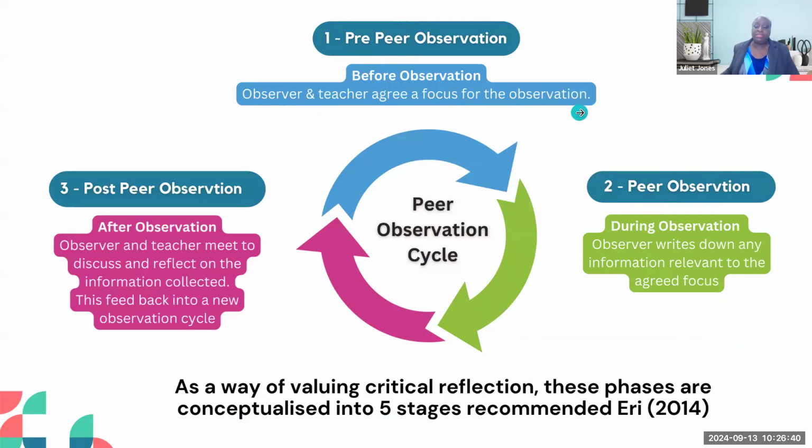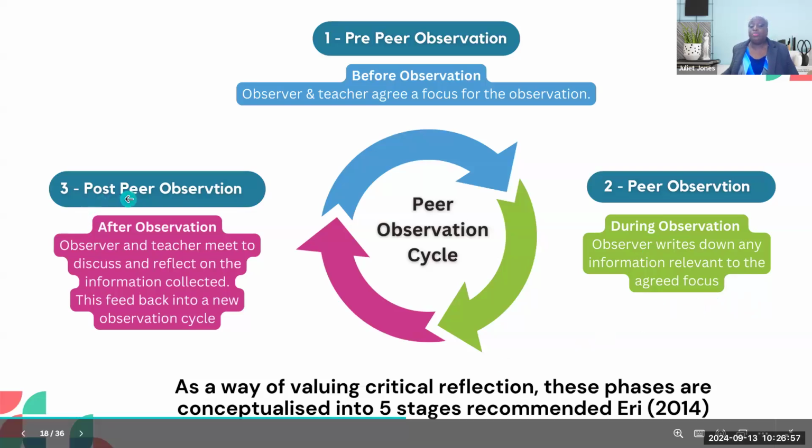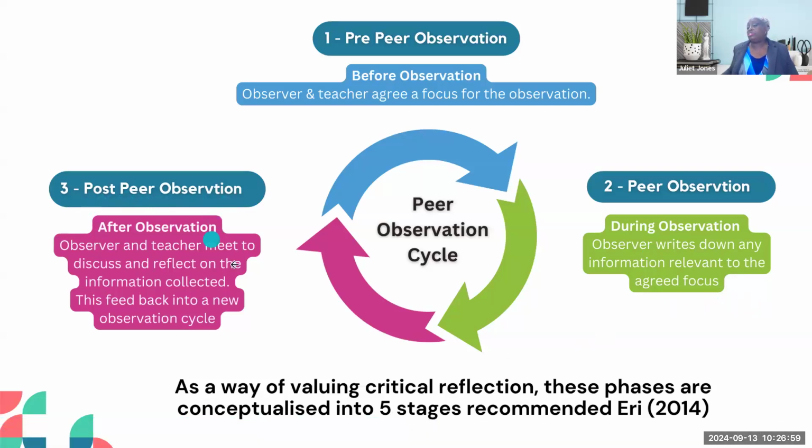Planning begins to take place before the actual peer observation. During the observation, the observer writes down any information relevant to the agreed topic or area of focus. And then there's a post-peer observation meeting. After observation, the observer and the teacher meet to discuss and reflect on the information collected.